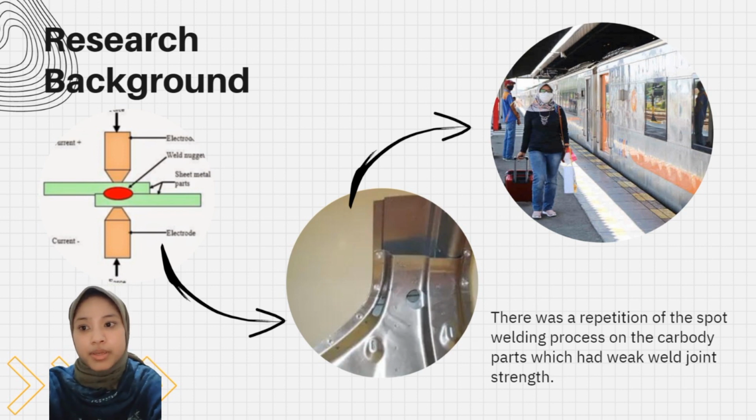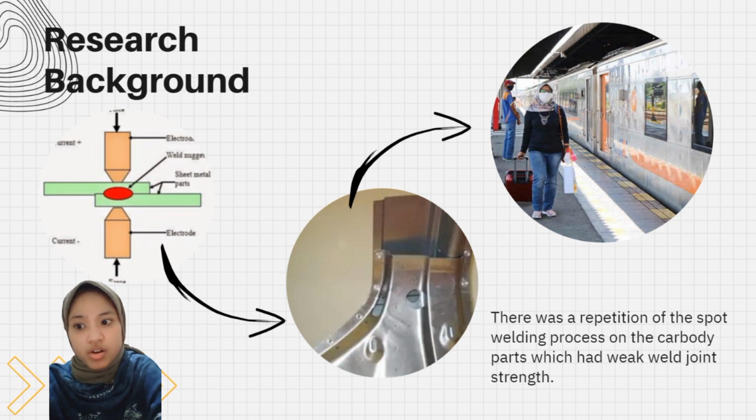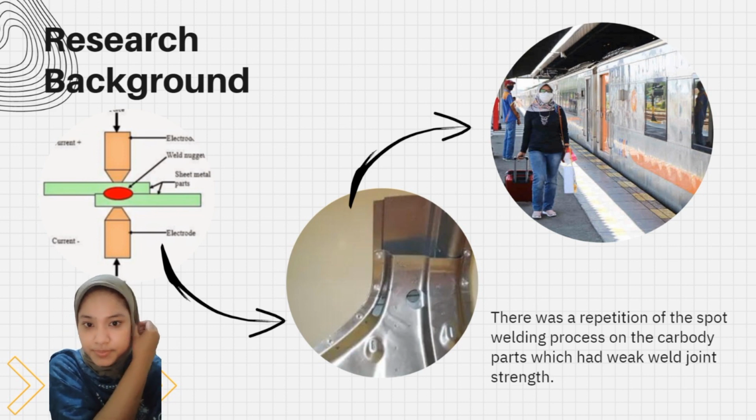So, a method of welding in which the surface of the plates to be joined are pressured against each other, and at the same time an electric current is passed so that the surface become hot and melt due to the presence of electrical resistance.